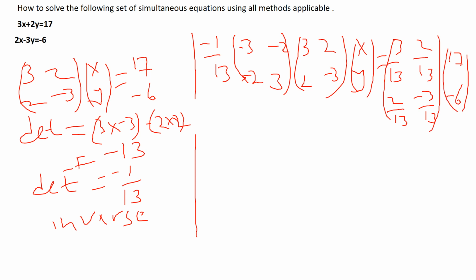Remember, this one is a 2 by 2 matrix, and this one is a 2 by 1 matrix. So if we multiply the two, we get the result as a 2 by 1 matrix.